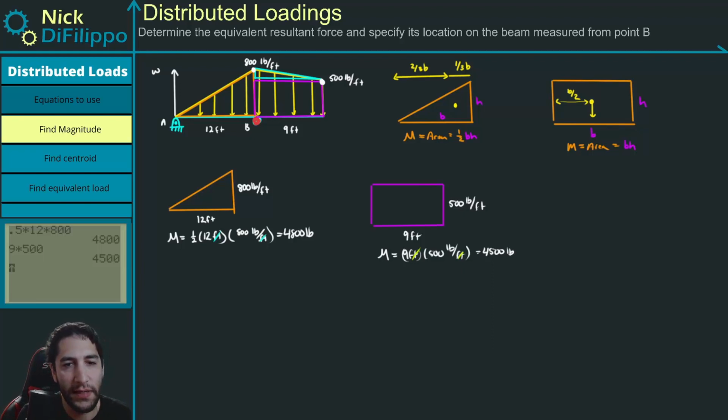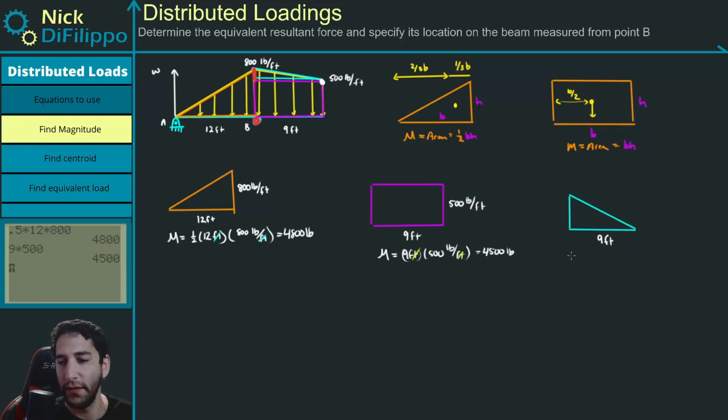All right. And finally, let's do this last triangle that we have. I think I put it in blue. So with this triangle, we know this length right here is still 9 feet. Now, what is this height? Well, this height is not 800 anymore. This height is whatever this length right here is. So this length right here is going to be equal to this 800 minus the 500.